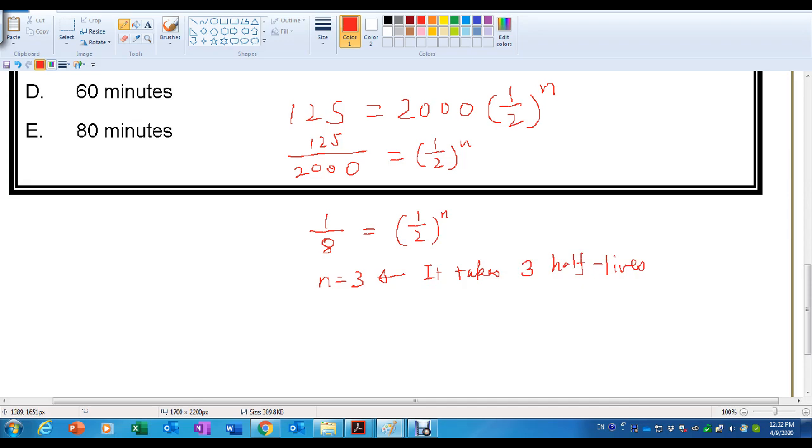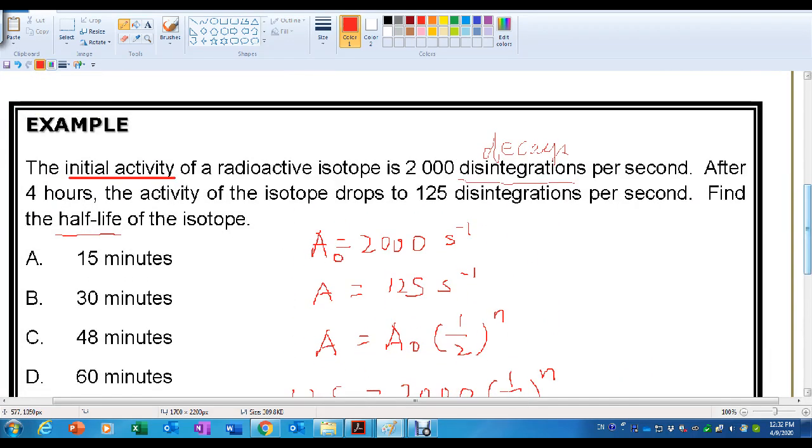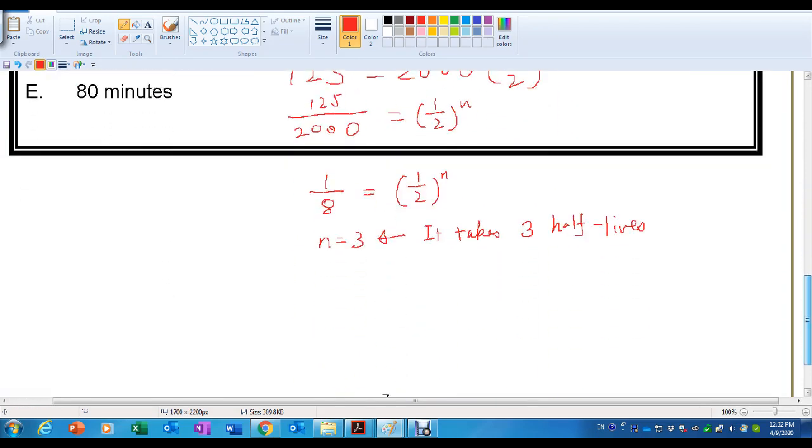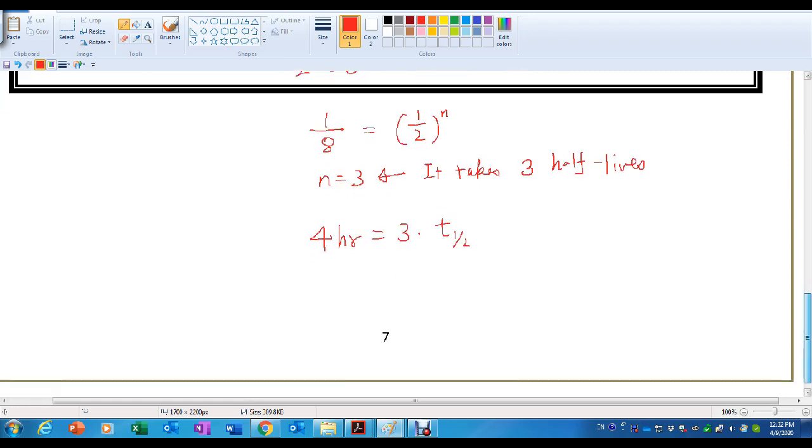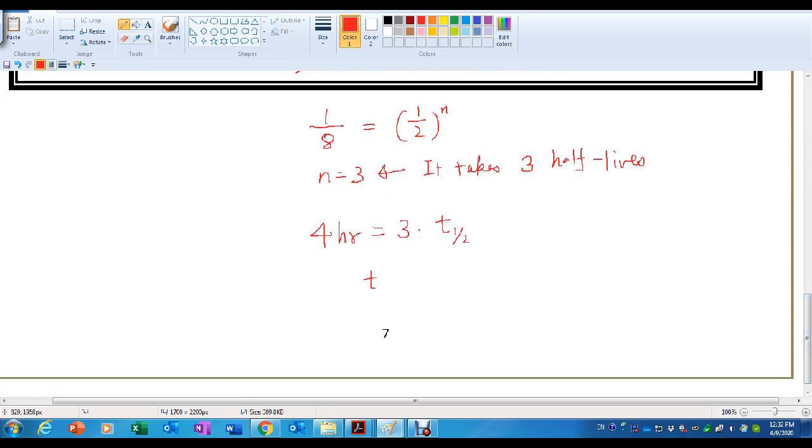It takes 3 half-lives. Okay, but the total time is 4 hours. So that means 4 hours equals 3 half-lives. So half-life, we use this symbol. So how about 1 half-life? Okay, 1 half-life equals 4 over 3 hours, right?